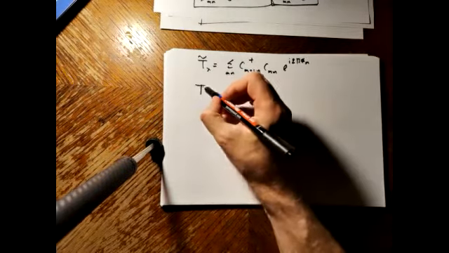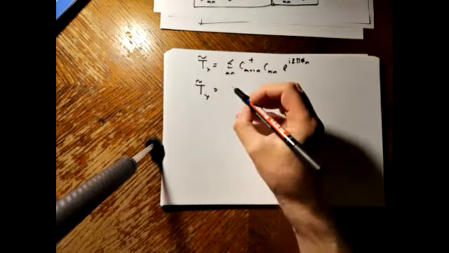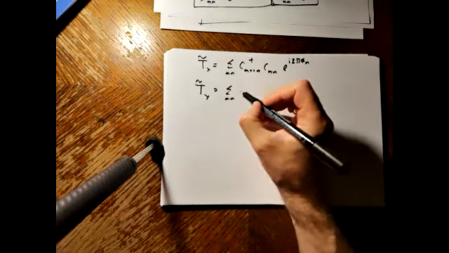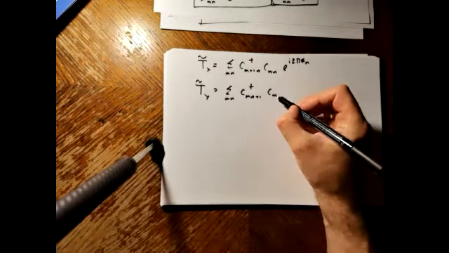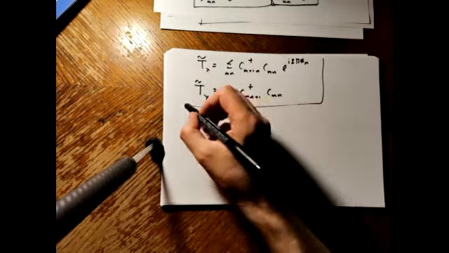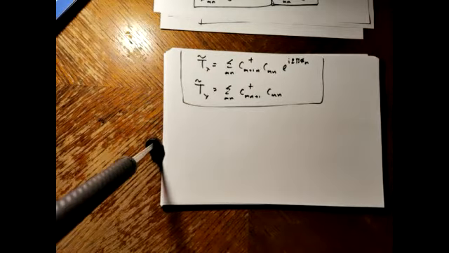At the same time, we also find that Ty tilde is just an ordinary hopping operator in the y direction. So these are our two operators, Tx tilde and Ty tilde.